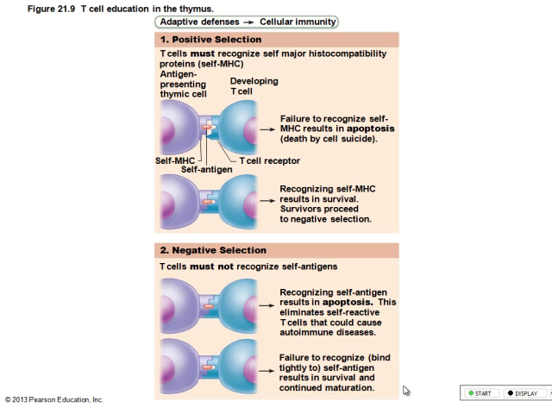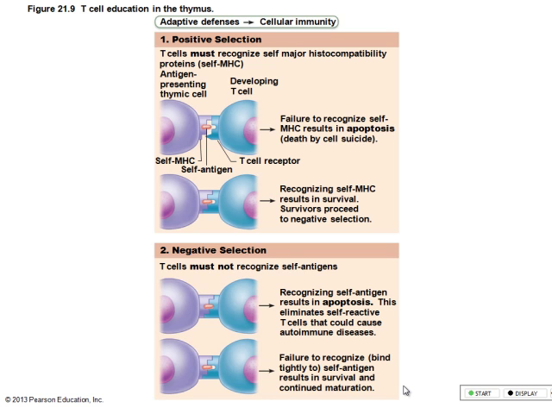If for some reason I fail to recognize self, if for some reason I come in contact with my self antigens and I attack, do I want me around? No. I want me to be able to recognize self antigens. Failure to recognize self-MHC antigens is going to result in death. Because those cells that hook onto MHC tightly, we don't want them around.